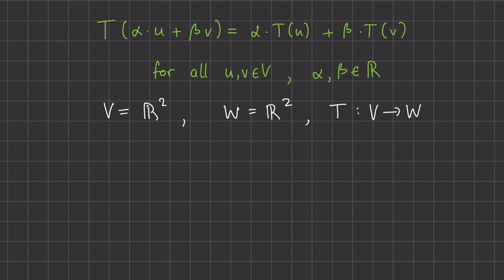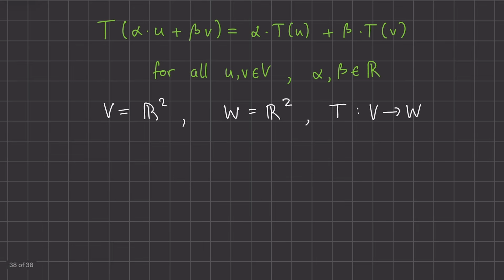Matrices are a standard example of linear mappings, but any mapping between vector spaces, respecting the rule, is a linear mapping. I will briefly show you, for when we have the given v and w here, so vector spaces R2, that matrix multiplication is a linear mapping.